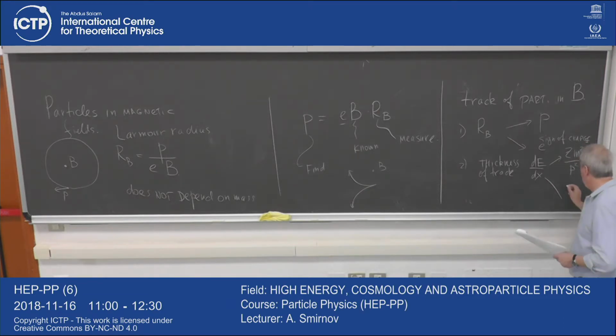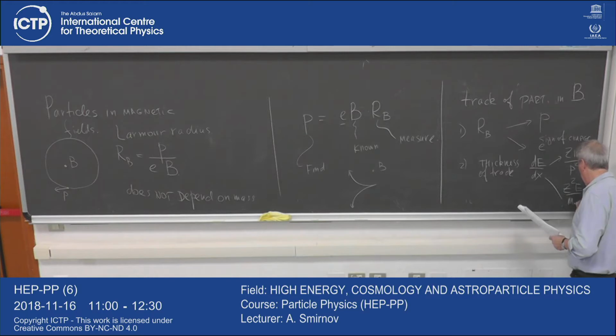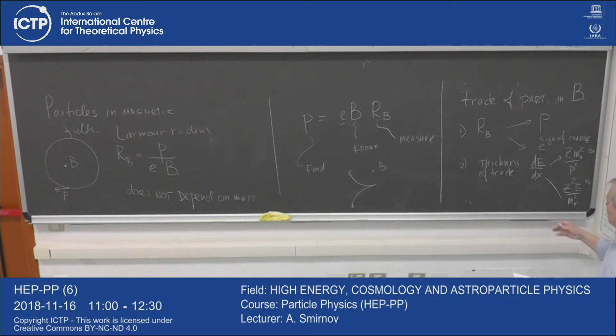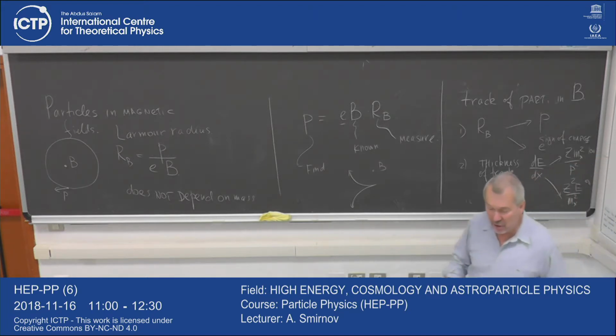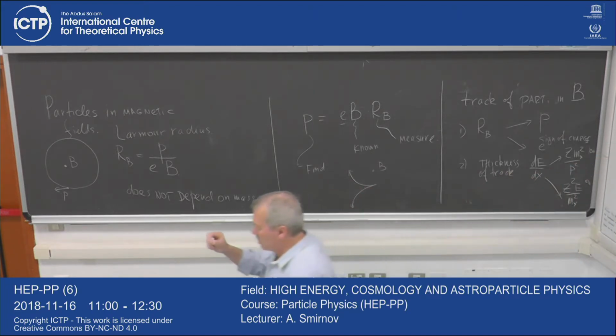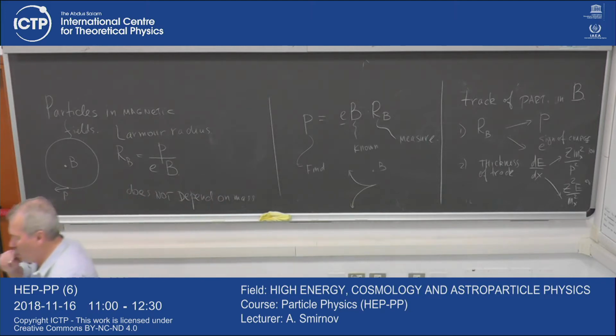And in the case of radiation, it is proportional to z squared E over m squared. So this means making an assumption or having some idea about which type of energy loss occurs. And remember, we can see how the track changes along the way.